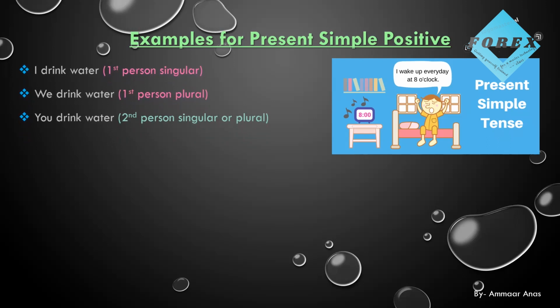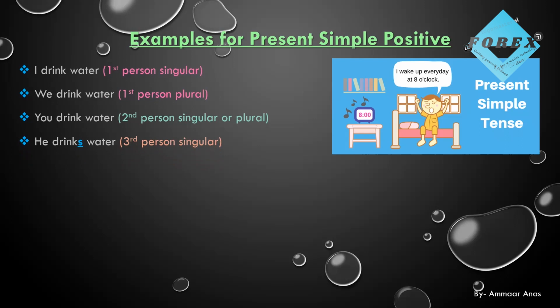Don't be confused. Then we have you drink water. We can say it as second person singular or second person plural. Both are the same because you point at someone and say you drink water, or you point at a group of people and say you drink water. So it can be either singular or plural. There will be no change.